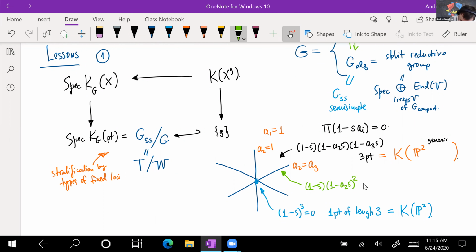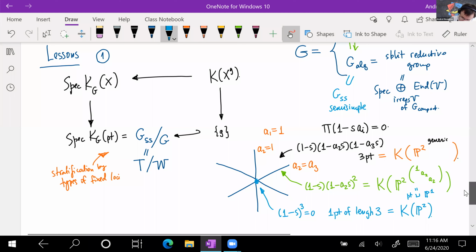And that is clearly the K-theory of, I take P2, and I take the fixed locus of an element of the form 1, A2, A2. Because this fixed locus would be a point and a P1. So if I take a point in the P1, its K-theory here is going to be a point and another point of length 2. That clear?